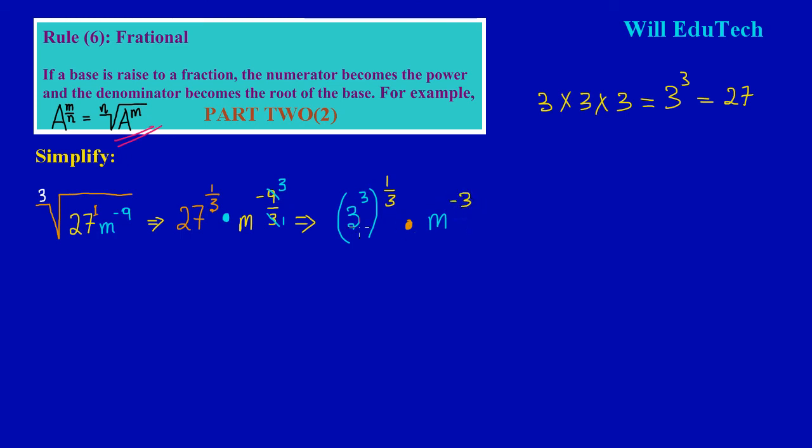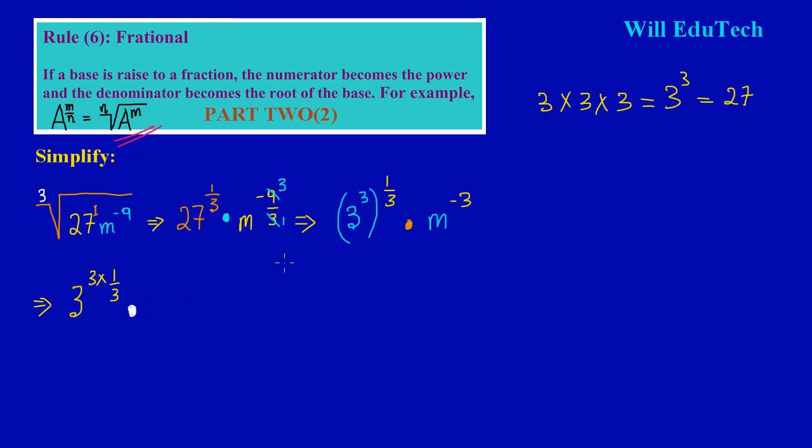You would have learned from earlier lessons, and if you're still not sure, feel free to revisit the power to power or exponent to exponent rule, where when you have a base raised to a power and that is all raised to another power, you just multiply the powers. So here I would have a base 3 raised to the 3, and that is multiplying 1/3.